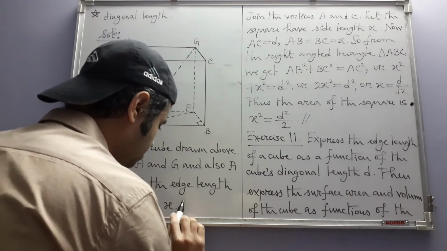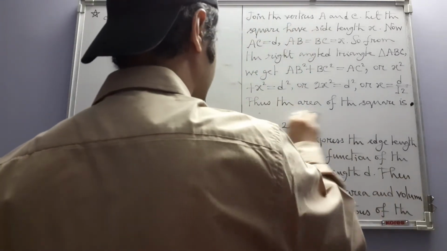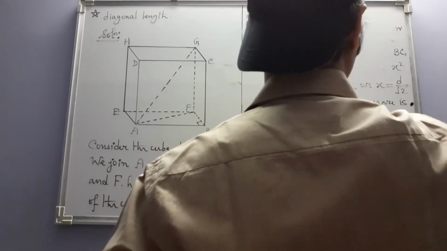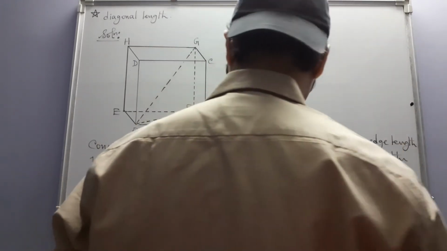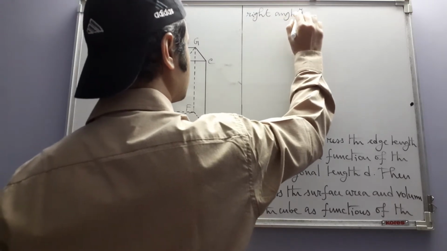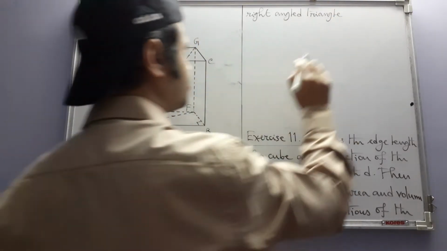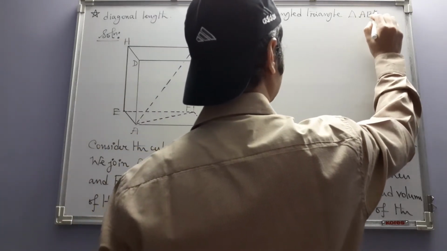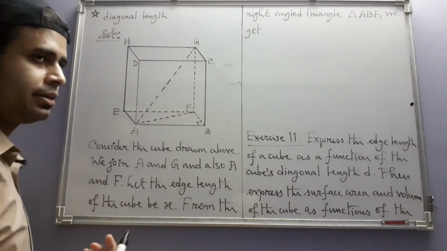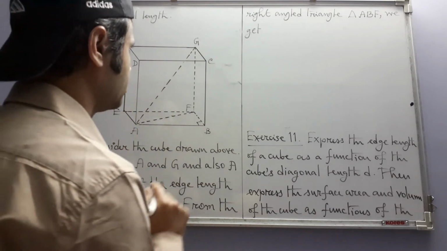So we write from the right angled triangle ABF, we can write at once, because here we want to find AF, which is actually the hypotenuse of the triangle.